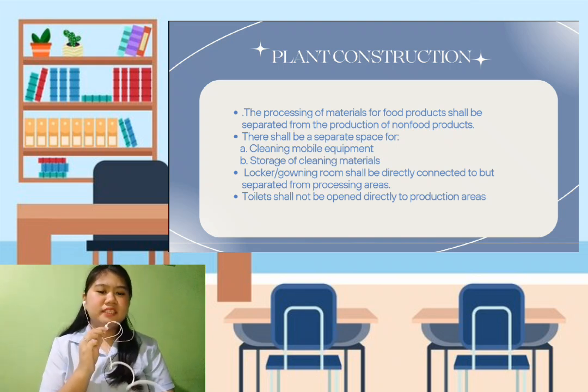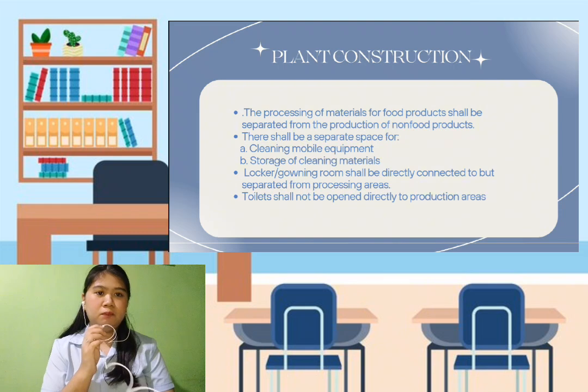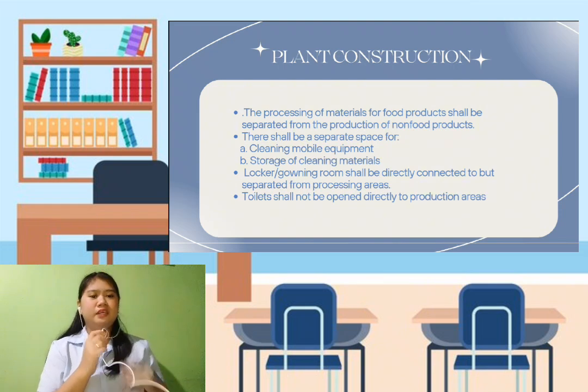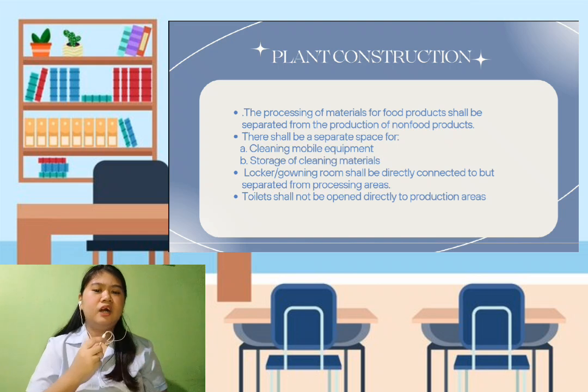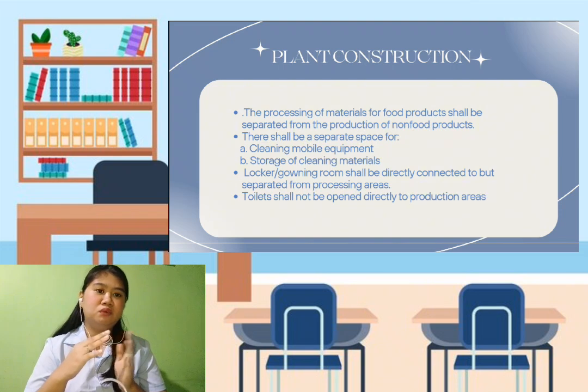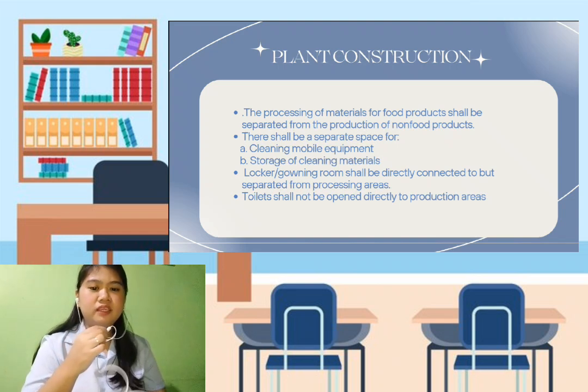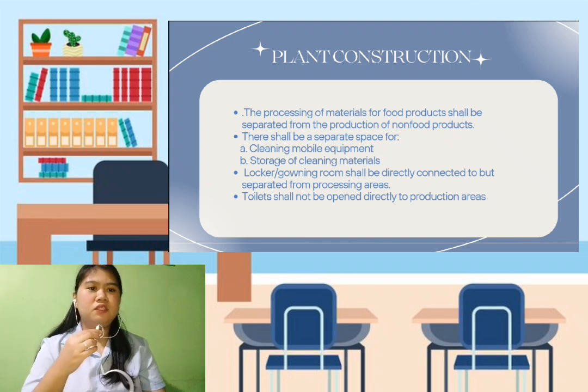3.4. The processing of materials for food product shall be separated from the production of non-food products. So, of course, in order to avoid or to prevent cross-contamination, dapat magka-separate yung food and non-food products. So, 3.5, there shall be a separate space for cleaning mobile equipment and storage of cleaning materials.